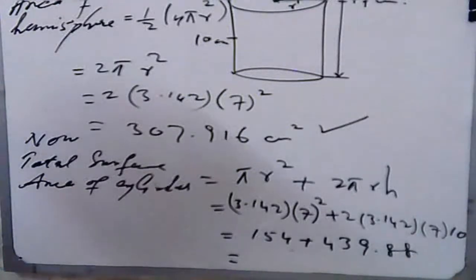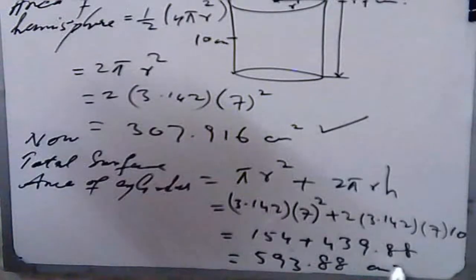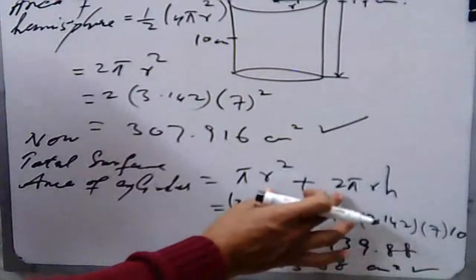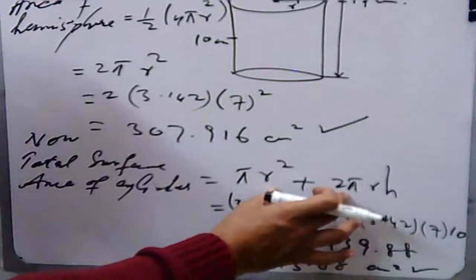So that is your total surface area of a cylinder. So in first phase, you have calculated the surface area of hemisphere and total surface area of a cylinder. So the area of a cylinder comprises two parts, that is area of base and curved surface area of cylinder. So that's why we have the total surface area of a cylinder.